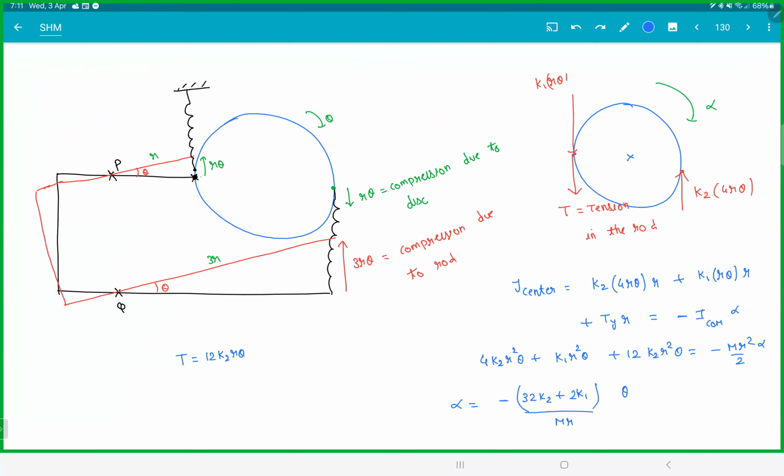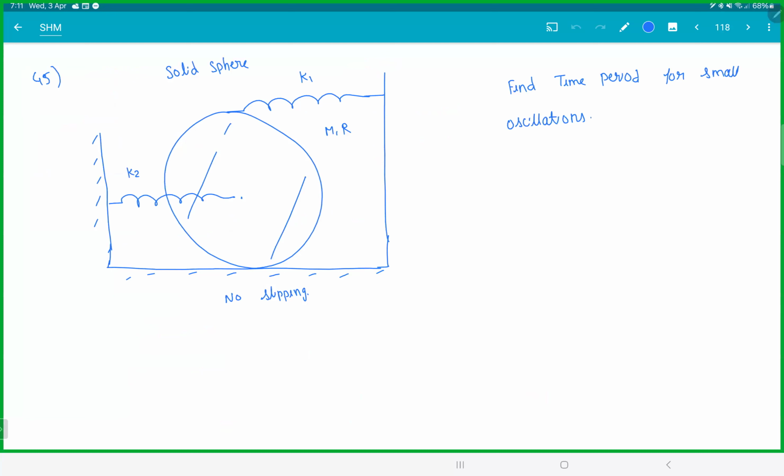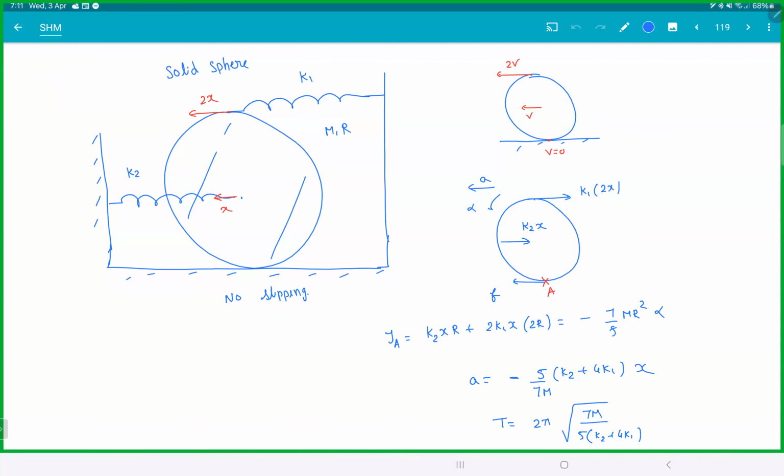This problem now, let's try to do this with the energy method. Let's try this 45 with the energy method. You already know the answer, so it'll be easy to verify.